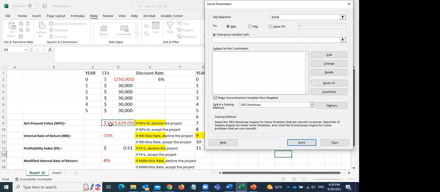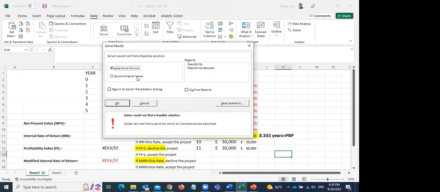The net present value equal to a value of 0, by changing variable cells, by changing this one, the initial investment. Then you just click on solve. And then you click on keep solver solution, click on OK.